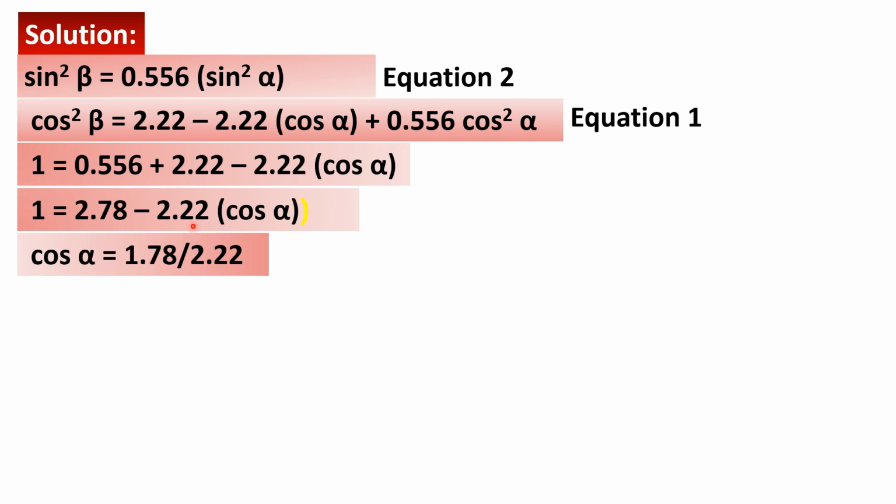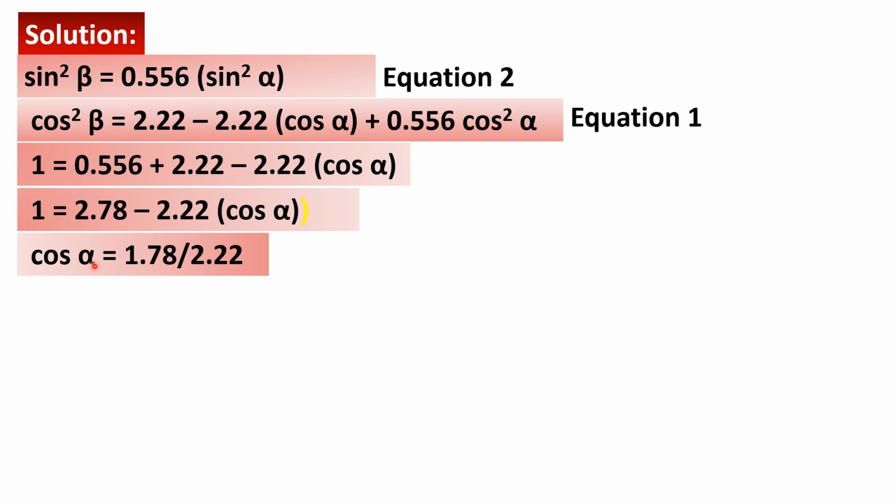Alright? Moving 2.22 cosine alpha to the left side will give us cosine alpha, and then divide the difference between 2.78 and 1, because 1 has been transferred to the right side, making it negative, and negative 1 plus 2.78 will actually give us 1.78.